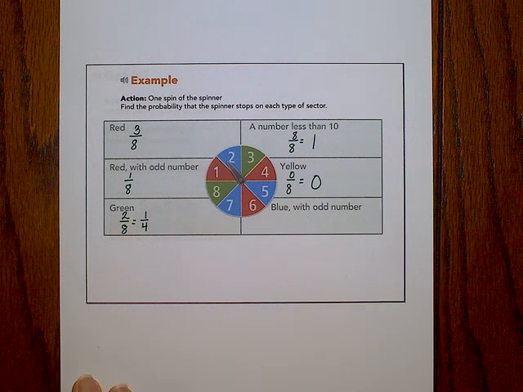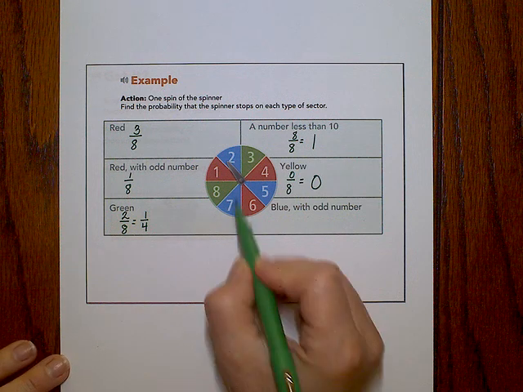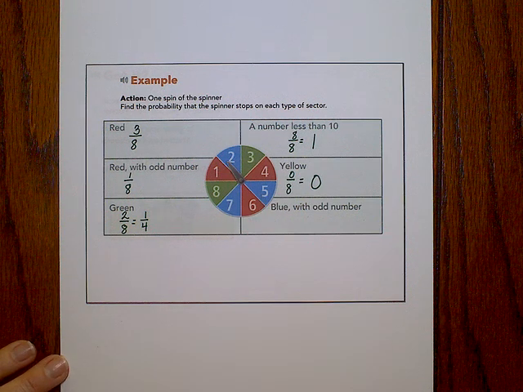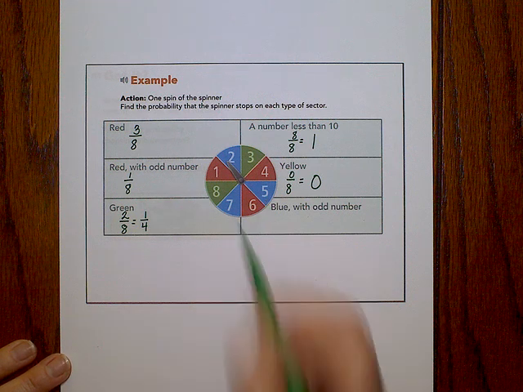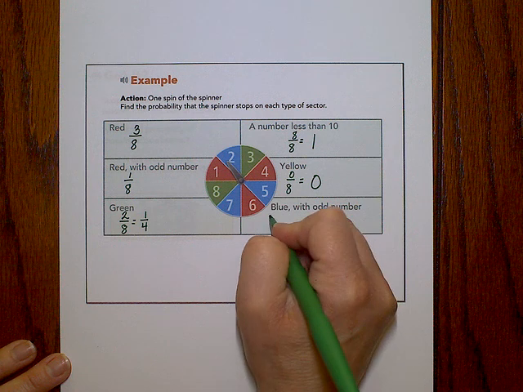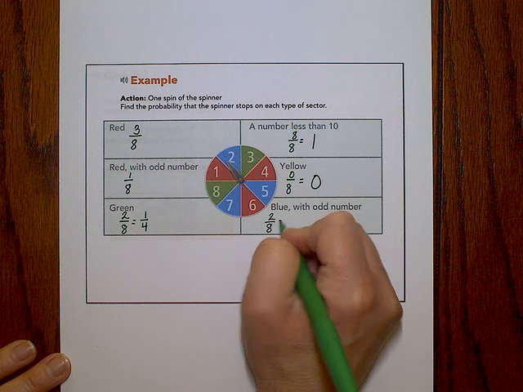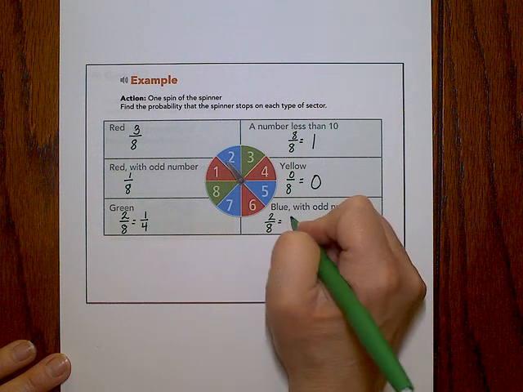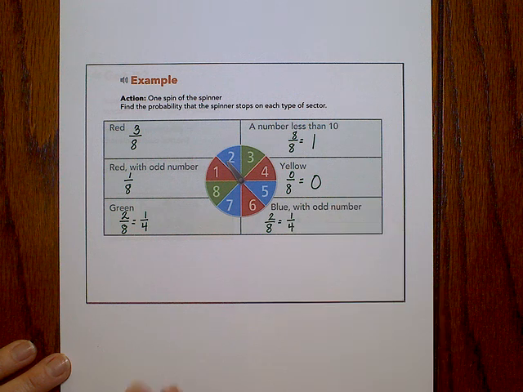It's impossible. We cannot land on a yellow. And then finally, landing on a blue with an odd number. So if we look at our blues, I see 1, 2, 3 of them. And when I look to see which ones are odd, I have 2 of them that are odd. So again, that's going to be 2 out of 8. And we're going to simplify that fraction again to 1/4.